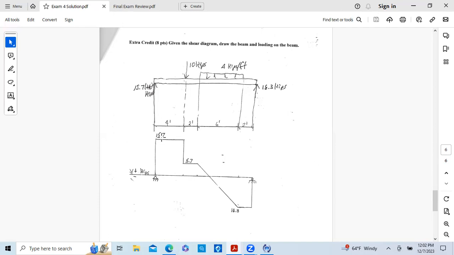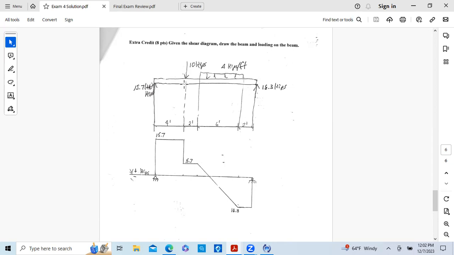And I went from 25.7 down to 5.7. So I dropped 10 kips, which means that I had a concentrated force of 10 kips down.